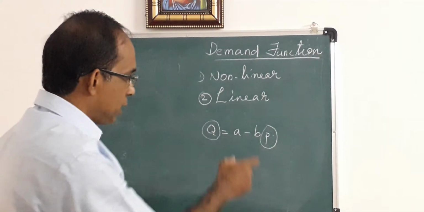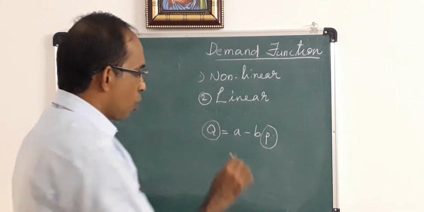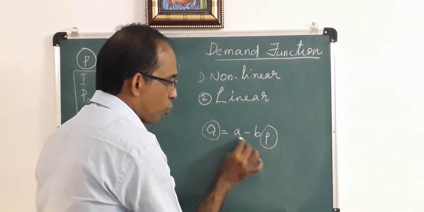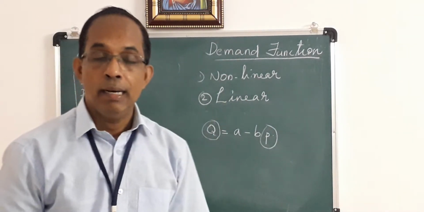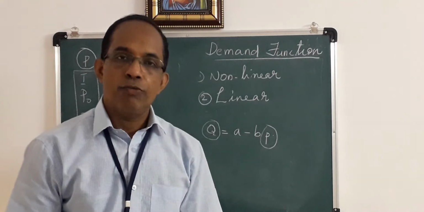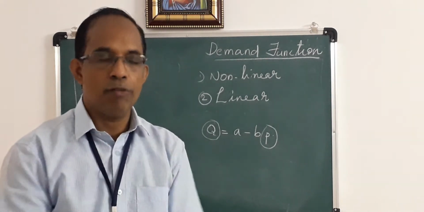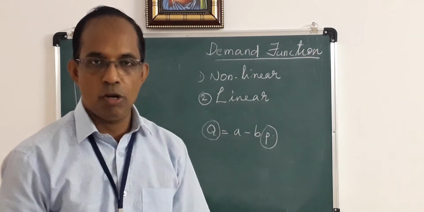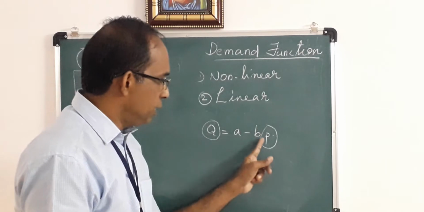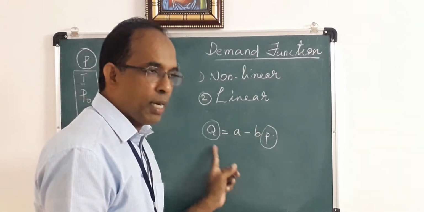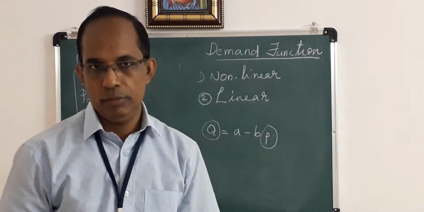And there are two other alphabets, A and B. These are called parameters of the equation and they do not change. They will be given for a particular person or a particular consumer. These parameters determine the position and slope of the demand curve.